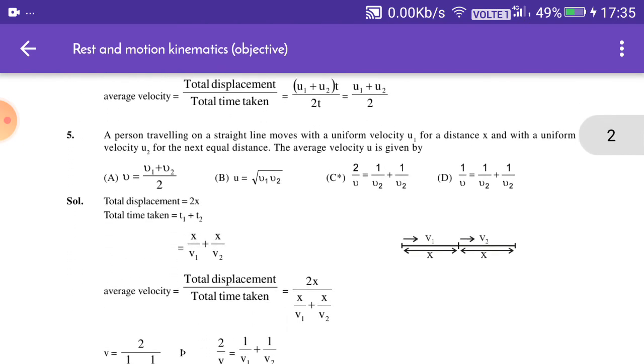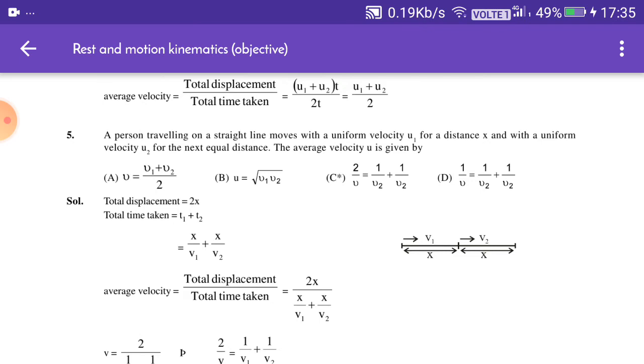Again a person is traveling on a straight line, moves with uniform velocity u1 for a distance x, and with uniform velocity u2 for the next equal distance. The average velocity is given as, what is average velocity?